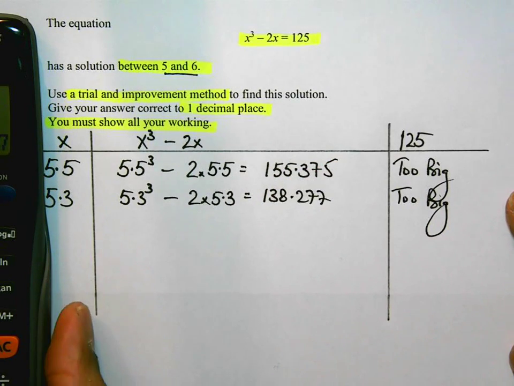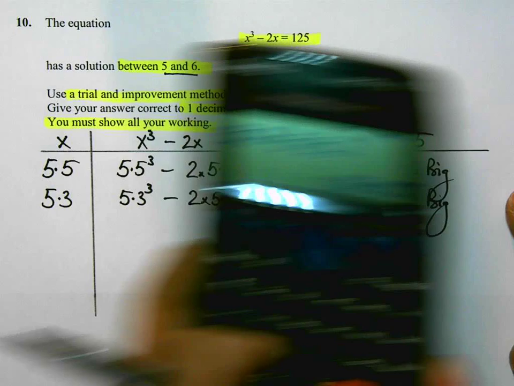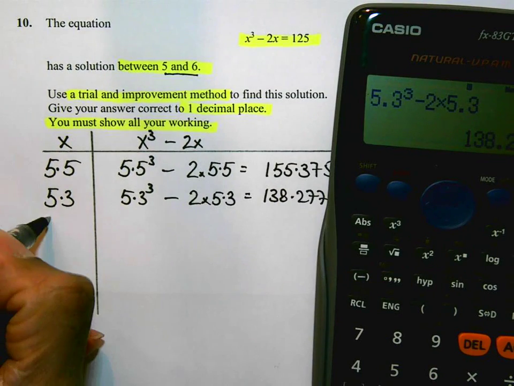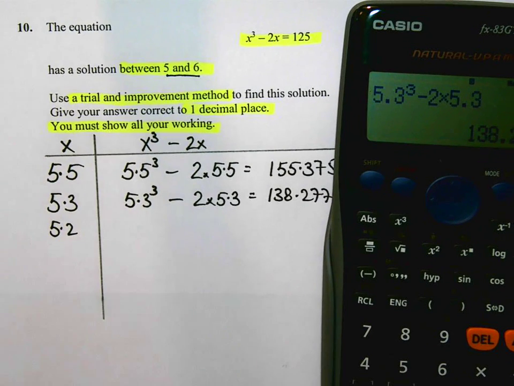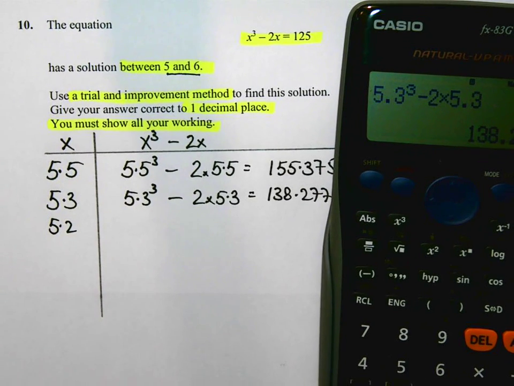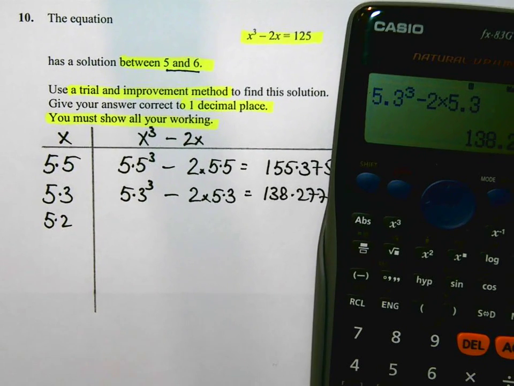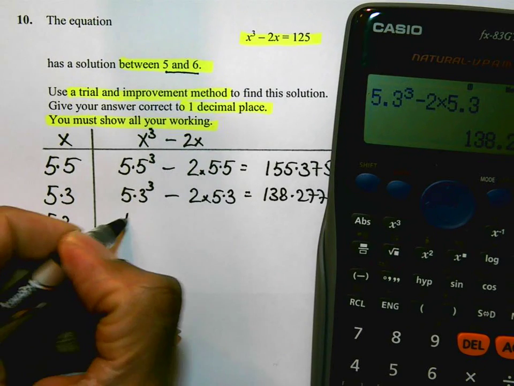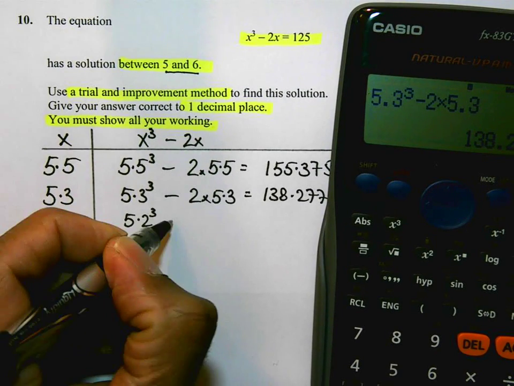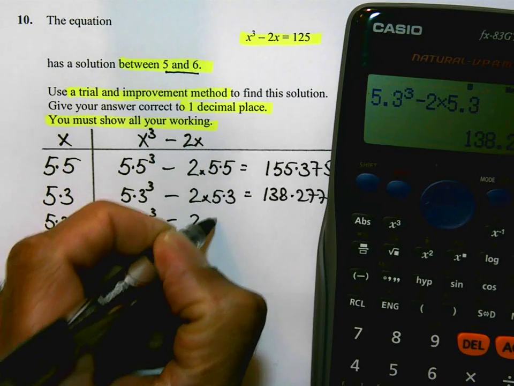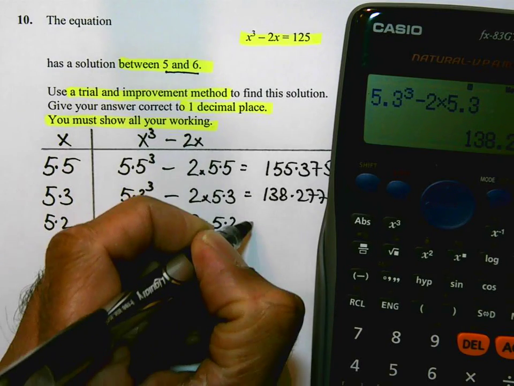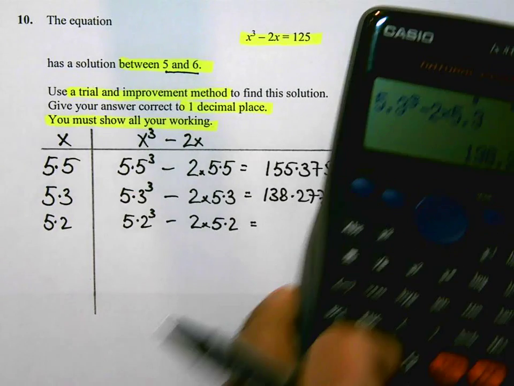It's bigger than 125. Okay, so next I'm going to try 5.2. I'm going to substitute that into the expression, and I'll have 5.2 cubed, take away 2 times 5.2, and let's see what that gives us.